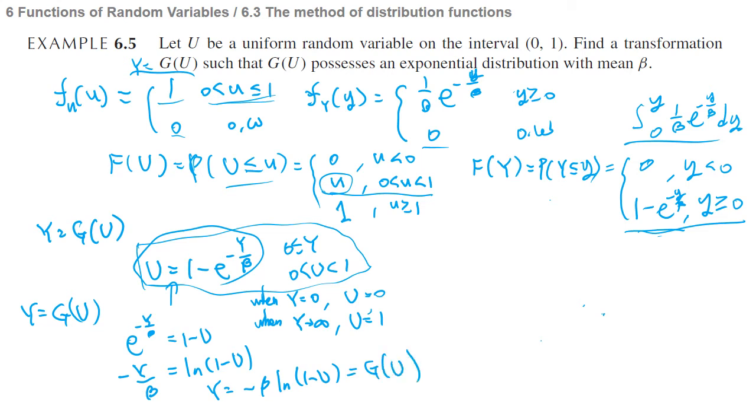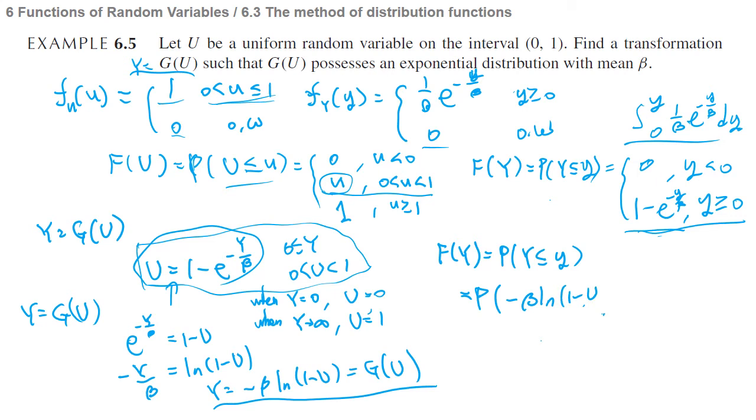So let's take this as g of u. And then what's happening? F of y is actually calculating the probability of y less than or equal to small y, and if we use this, it is the probability of minus beta ln of 1 minus u less than or equal to small y.